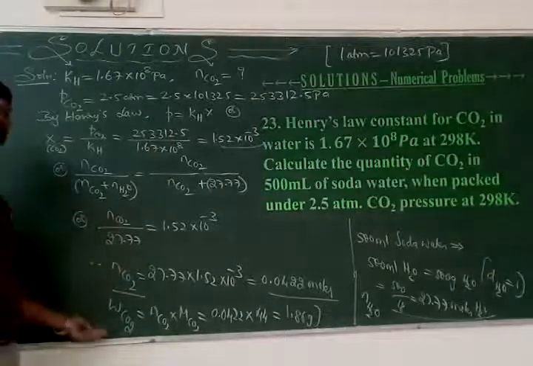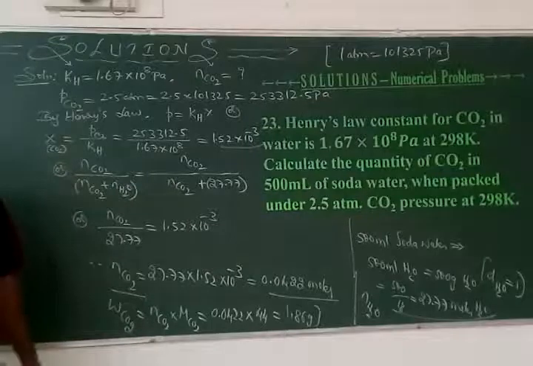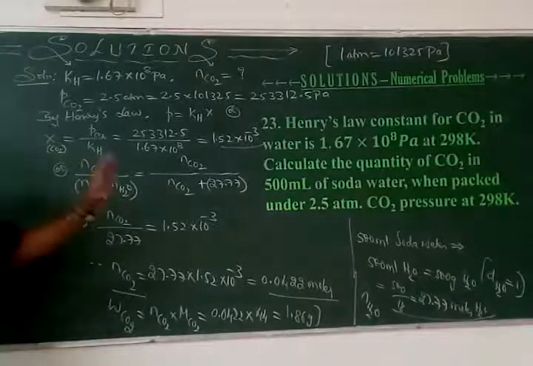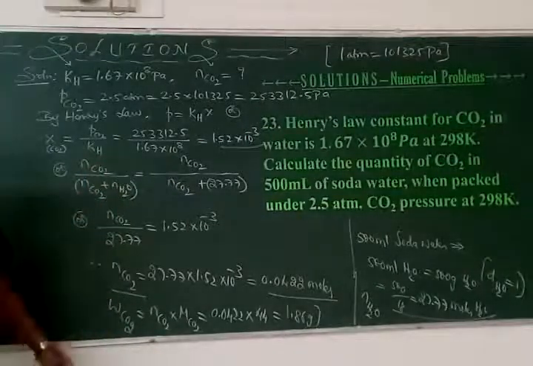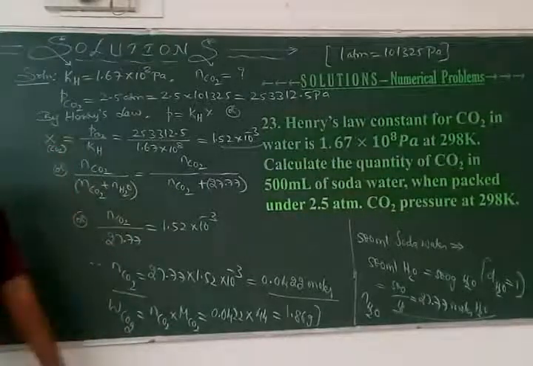But if I want the mass of carbon dioxide, how do we calculate mass from moles? Multiply by the respective molecular mass. So this is about the calculation of quantity, either in the form of mole fraction, or the number of moles, or the mass of carbon dioxide.